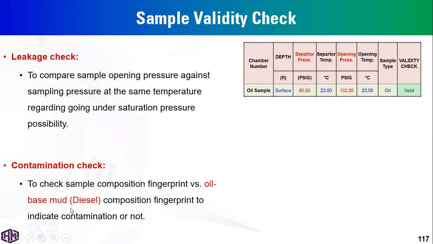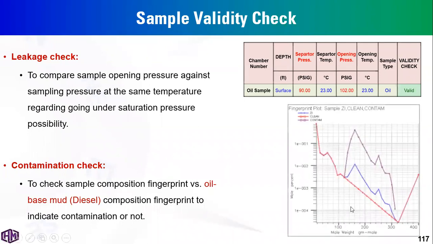This can be done using the fingerprint of the oil and the oil-based mud or diesel. In this example, this is the well stream of the sample, this is the contaminated sample, and in red we have the phase behavior, the fingerprint of the clean sample, excluding the effect of the oil-based mud.